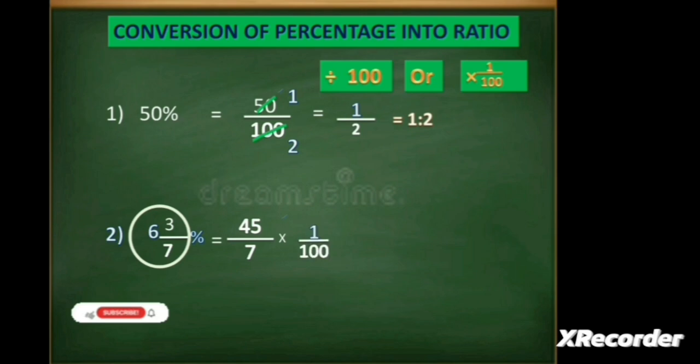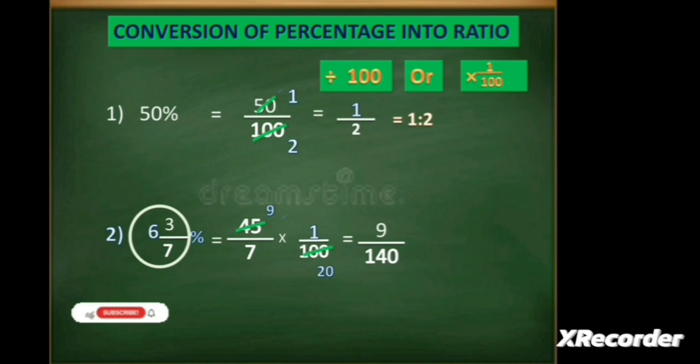Now we will cancel the common factor. 5 is a common factor of 45 and 100. So we will divide it by 5. By dividing 45 by 5, we will get 9. And by dividing 100 by 5, we will get 20. So we will write it as 9 upon 140.